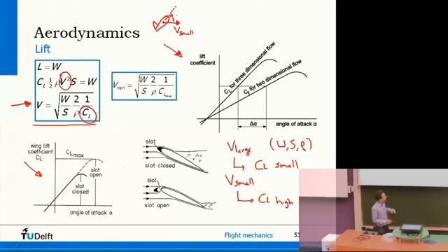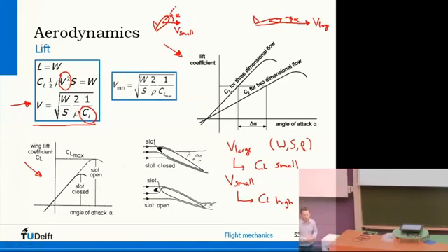So the angle of attack at low speeds is high, and if you fly very fast, so we have a large speed here, then this angle of attack is quite small. So that's the only thing you should really understand. Flying slowly, you need a high angle of attack. Flying fast, you need a low one.